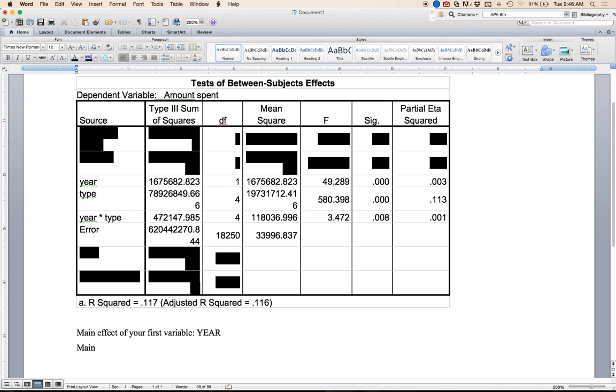Then the second thing it's going to give me is my main effect of my second variable, which in our case is transaction type. And that is an ANOVA ignoring the effects of year. So this is like if you only had one of the variables at a time and you ran a single ANOVA and then a separate single ANOVA. The reason you don't do that in real life, though, is because you actually are usually more concerned about the interaction. So this would be year by type.